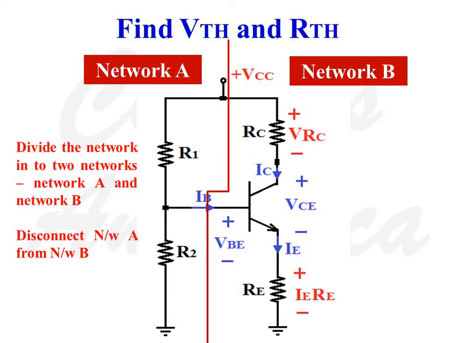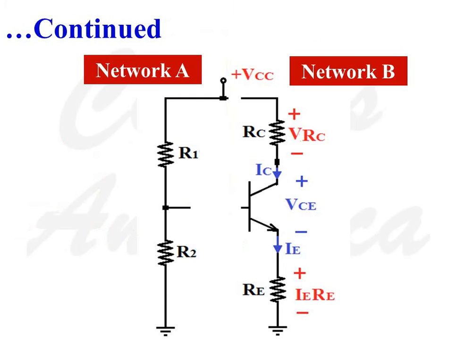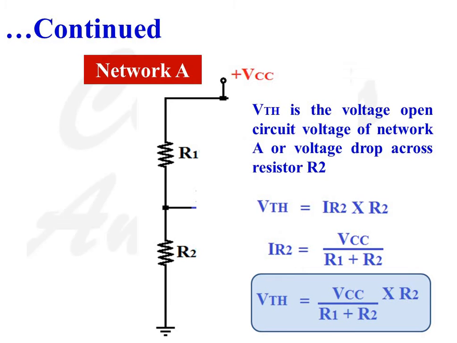The first step is to divide the network into two networks, network A and network B. Here we have to apply Thevenin's theorem to network A. So the next step is to disconnect network B from network A, and find the open circuit voltage VTH.